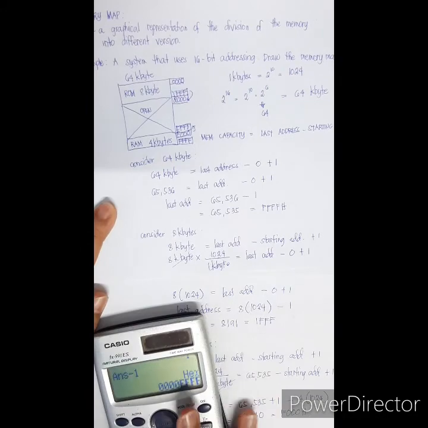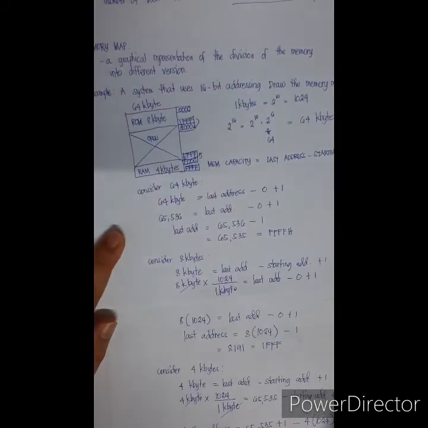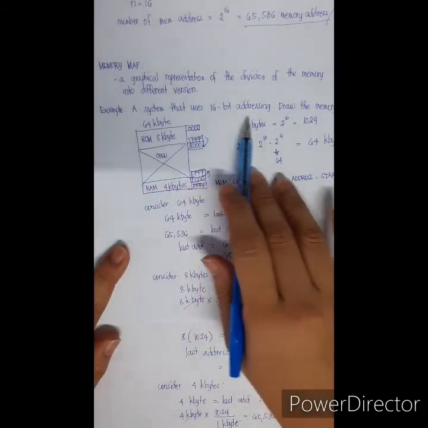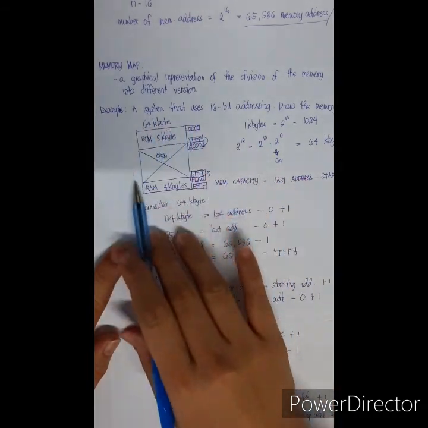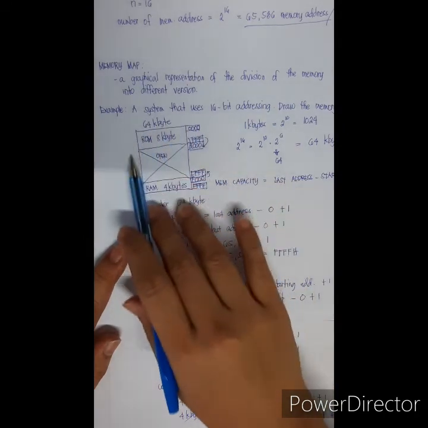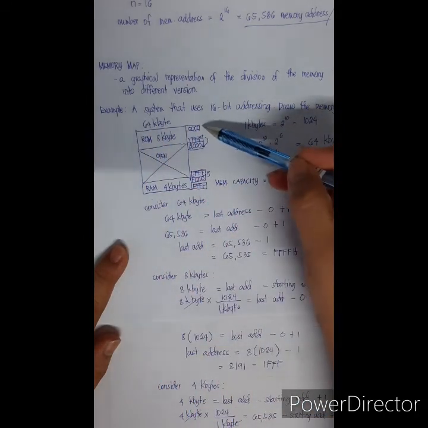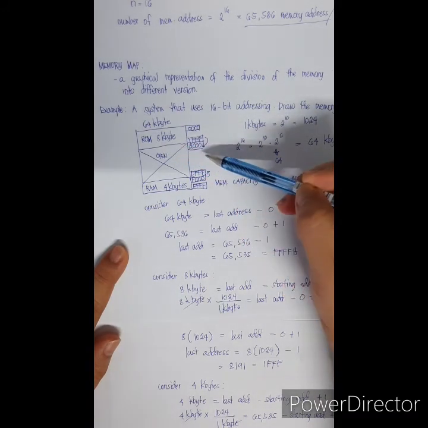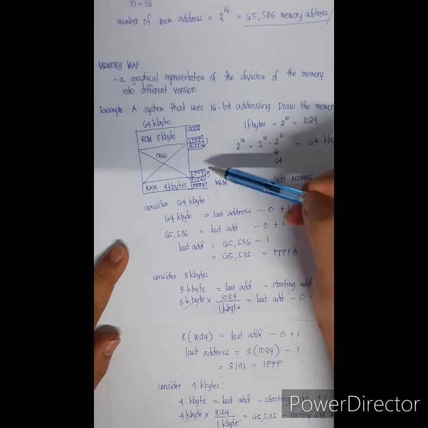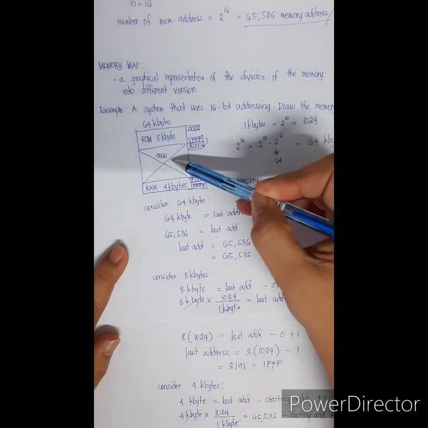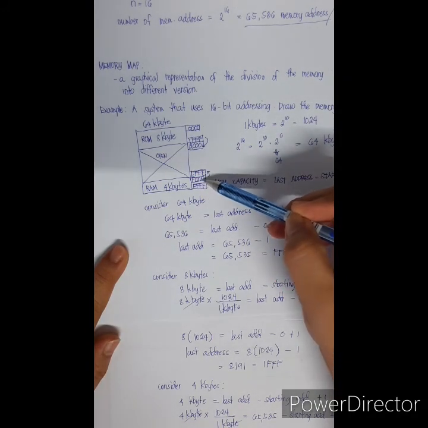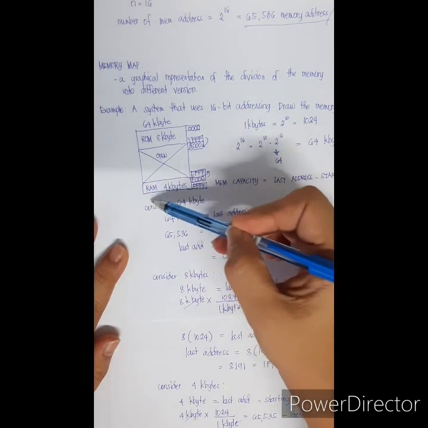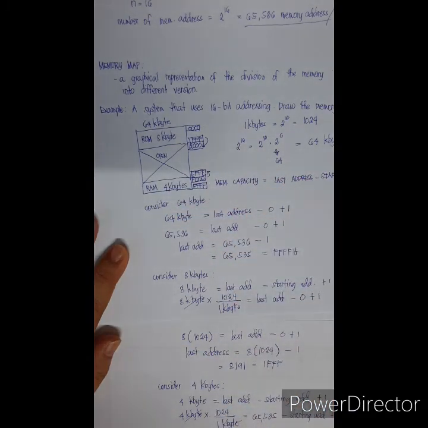So, that means this would be the solution of the memory map of a 16-bit address. This would complete the memory map: the starting address and last address of the 8K byte ROM, the starting address and last address of the open memory, and the starting address and last address of the RAM memory.